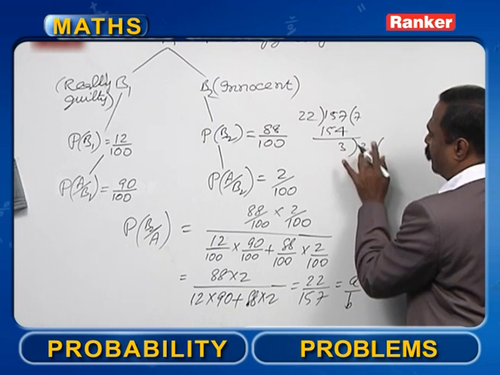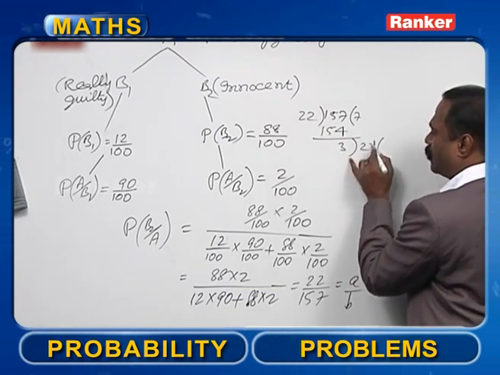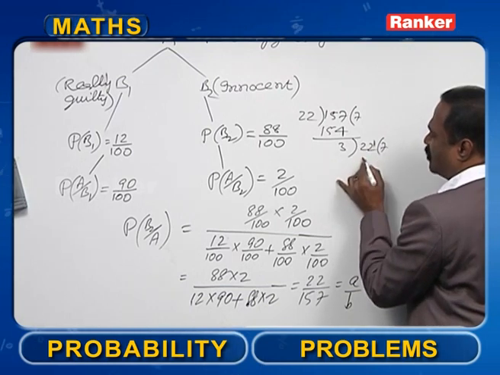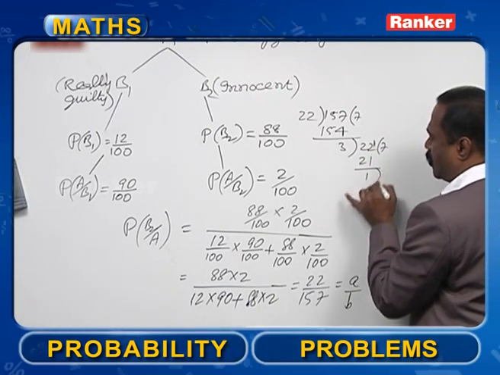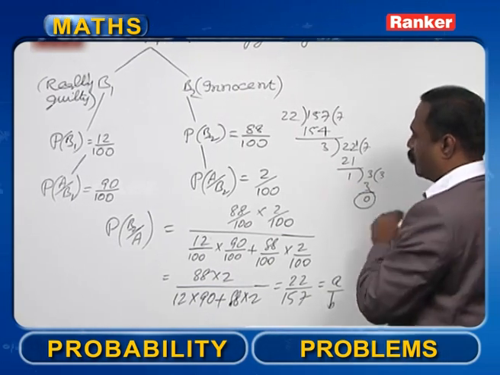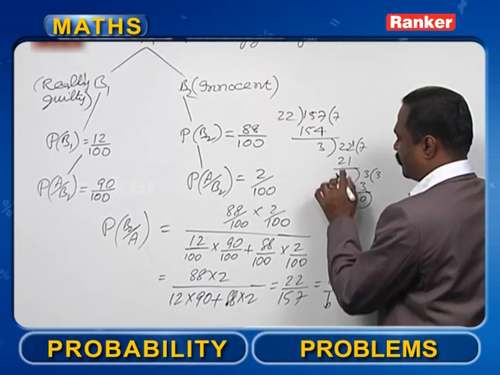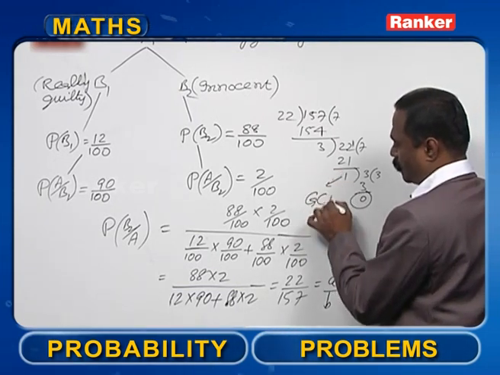Then 22 again is to be divided with the remainder 3. 7 times 3 is 21, the remainder is 1. Then 3 divided by 1 is 3 times, and the remainder is 0. This last divisor is nothing but the GCD.